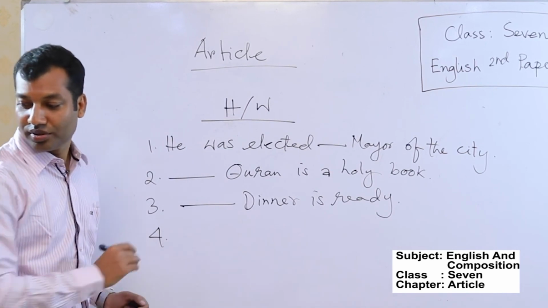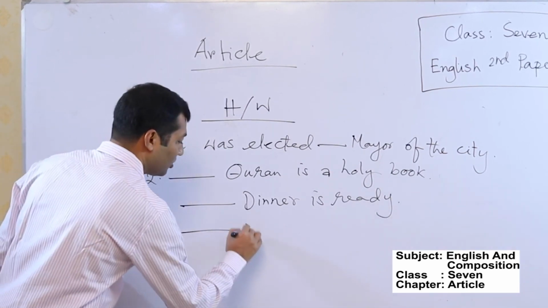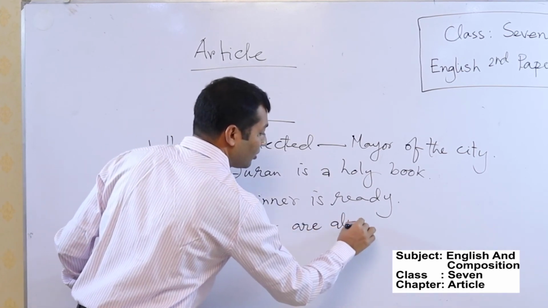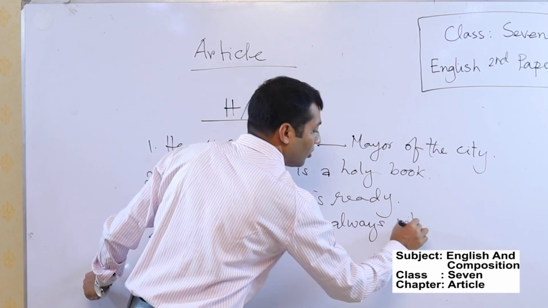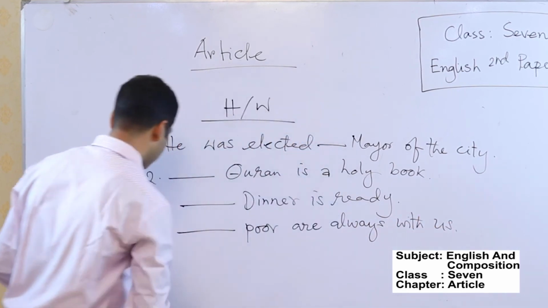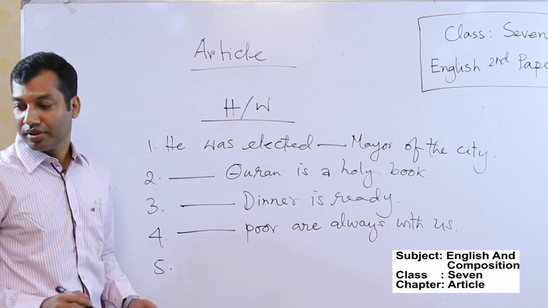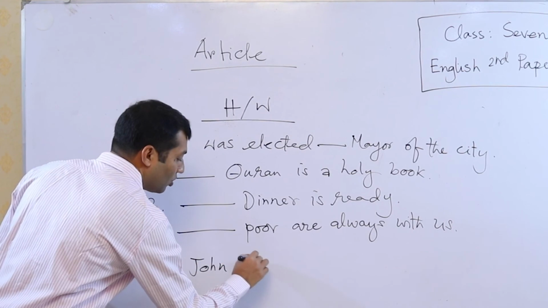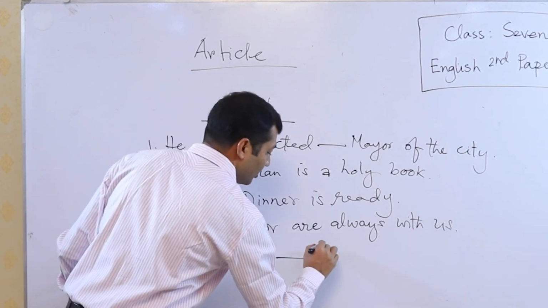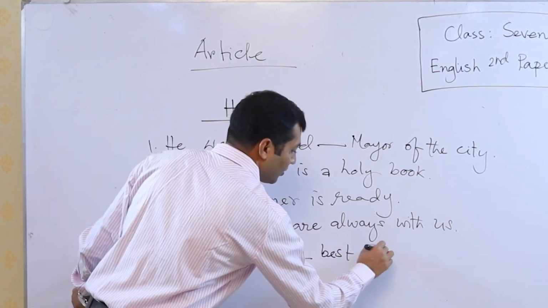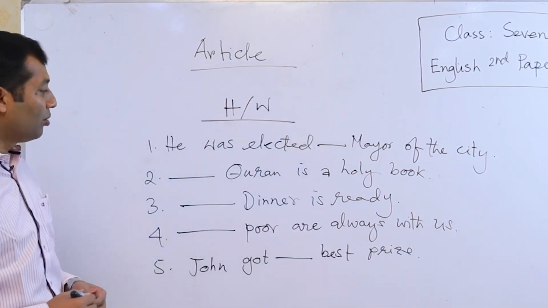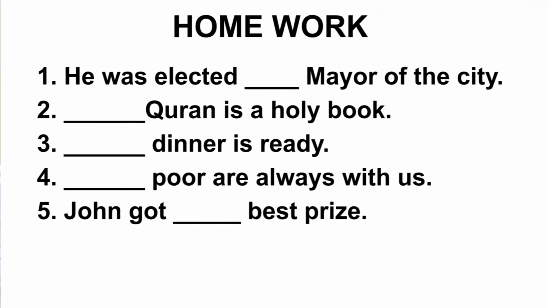Number 4, dash poor are always with us. Number 5, John got dash best prize. So do the homework at your home and have it checked by your subject teacher after reopening the school.